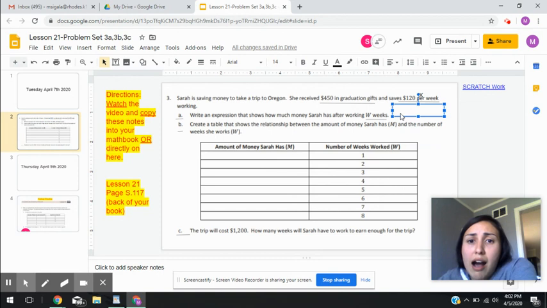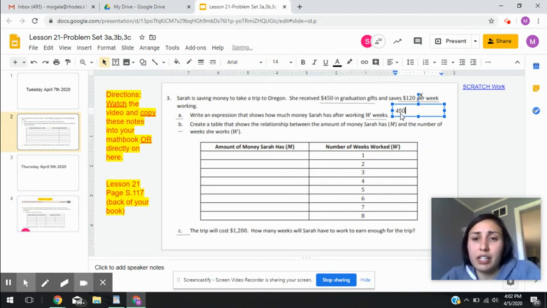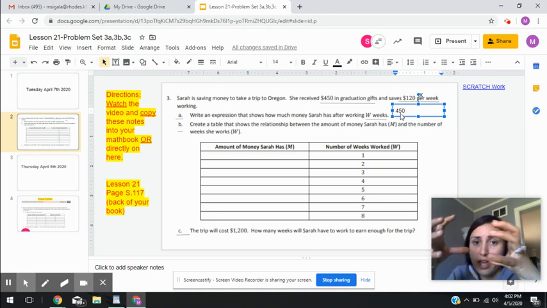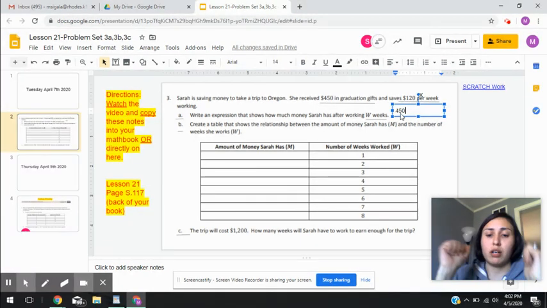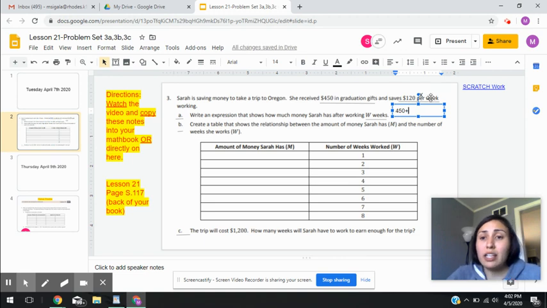So let's start with the important information we underlined. $450 was given to her, and I'm going to put these two things together. So I have 450, there. I'm going to put it together, so that means addition. And how much am I adding? Well, go back to the key information in the text.